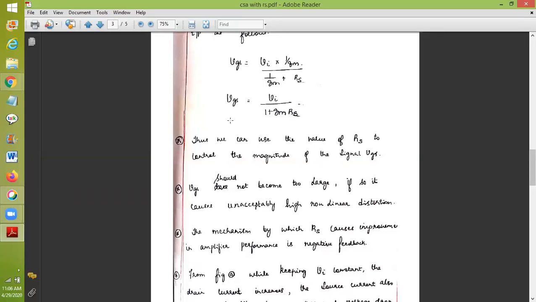If the magnitude of VGS becomes very high, there exists non-linear distortion.